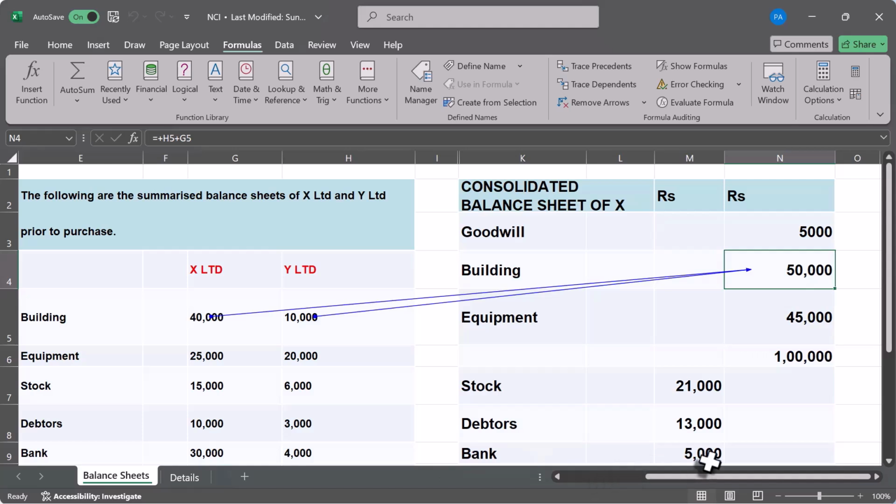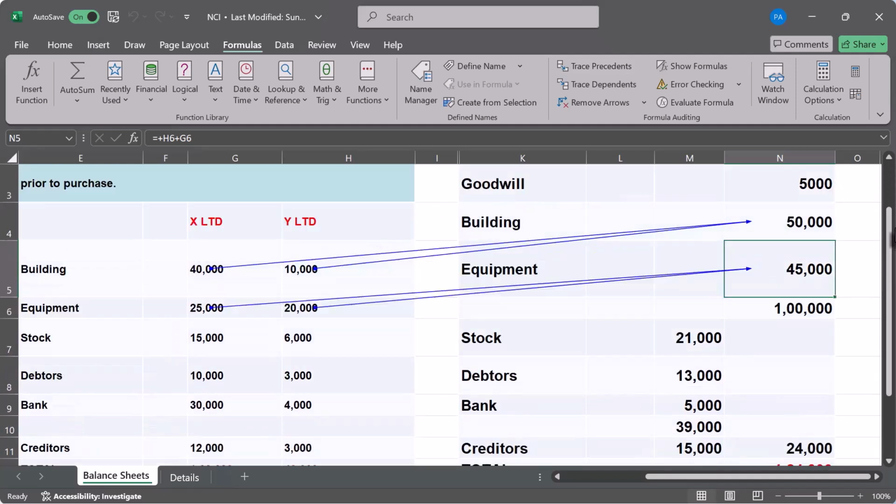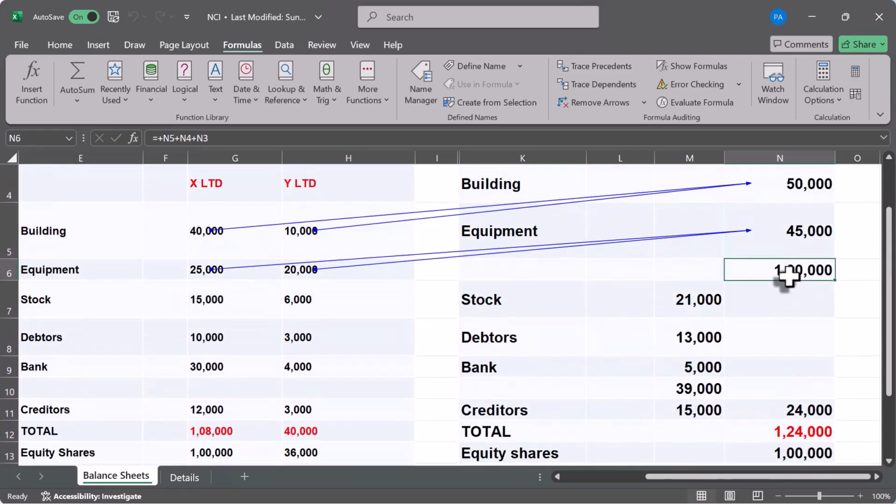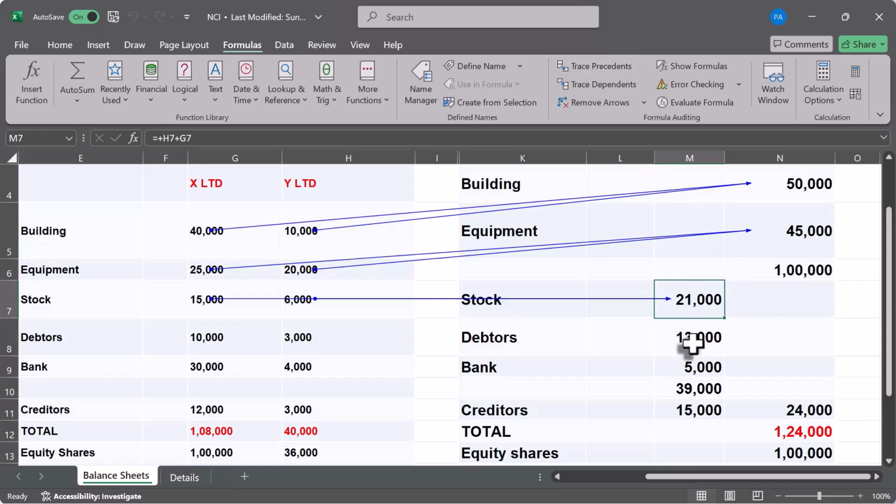Then we have equipment. It is 25 plus 20. So what I'm doing is consolidating the balance sheets of both the companies. Then, so this is the total. And stock will be 15 plus 6. Then the debtors will be 10 plus 3.